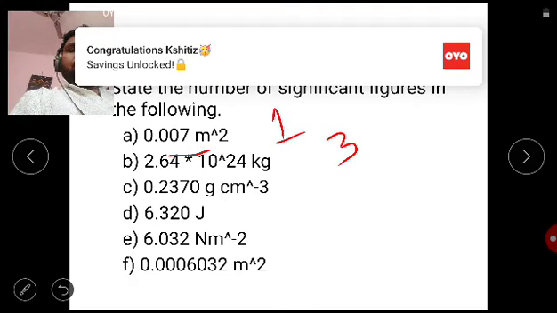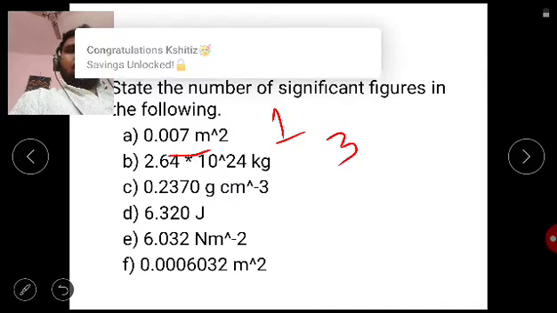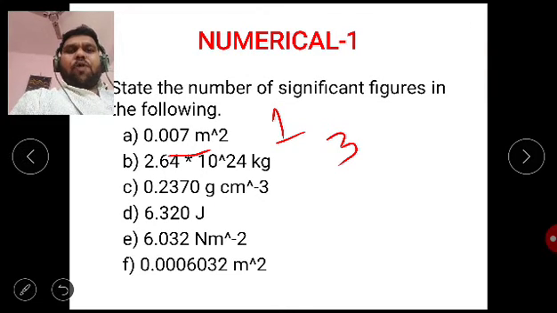Okay, now move to part C. We are having 0.2370 gram per centimeter cube. Okay, so to the right of the decimal place we are having a 0, but that 0 is not leading, rather it is a trailing 0.